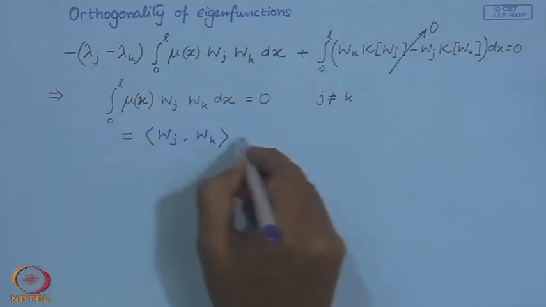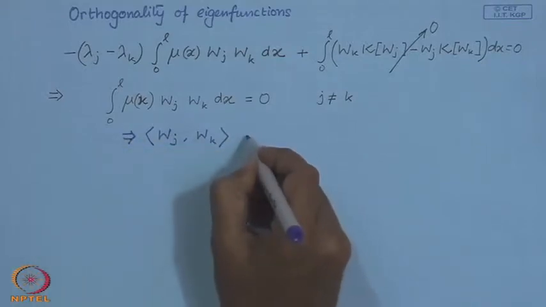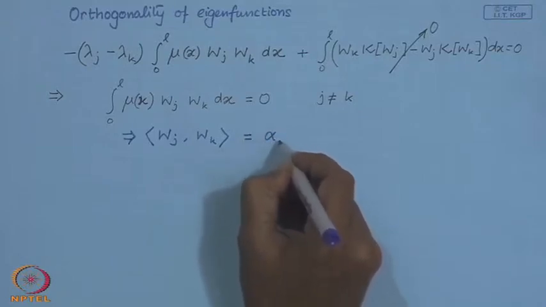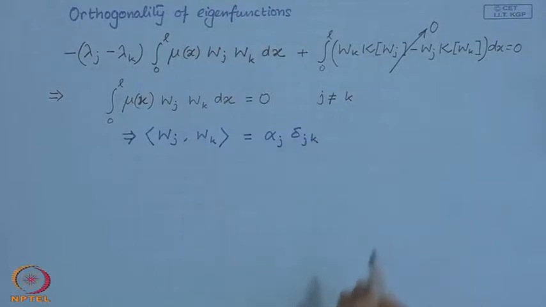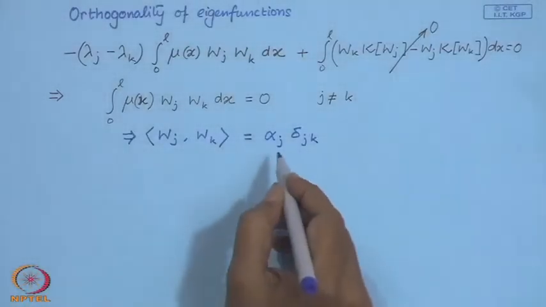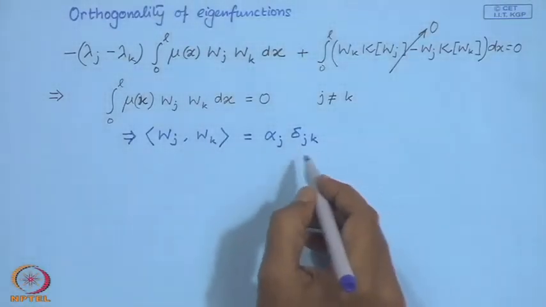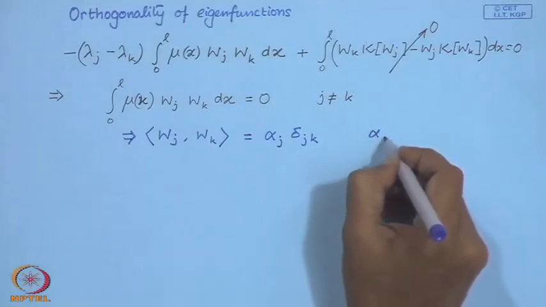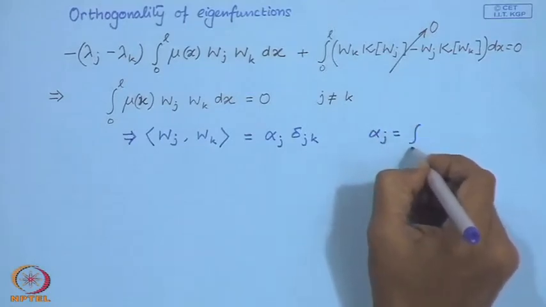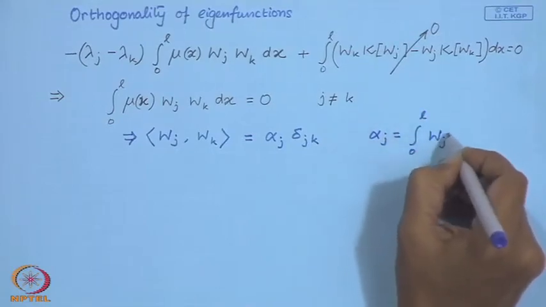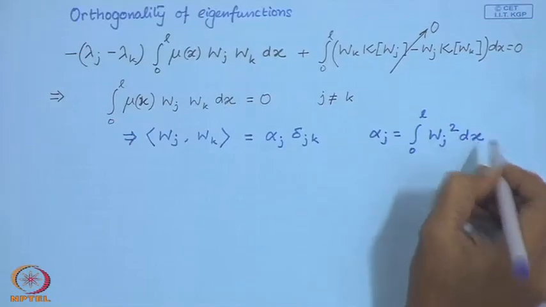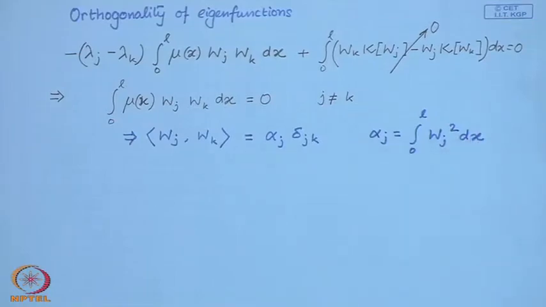And in a compact form, we will write that the inner product of two eigenfunctions can be written in this form, where alpha_j is given by this integral.